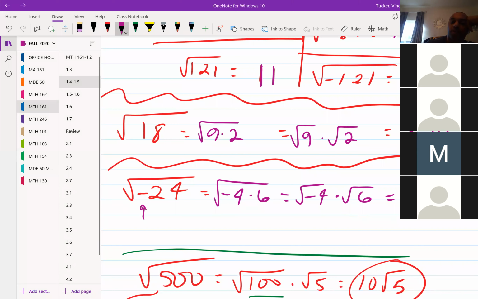And then the square root of 6, you cannot break up any. So you can write it like that, or some books may write it this way. Either way is fine. But remember, taking the square root of a negative, an I has to be used, and then the square root of 4 is 2.